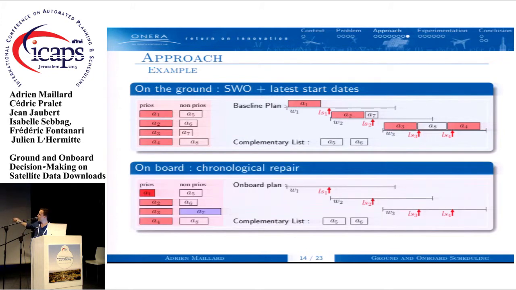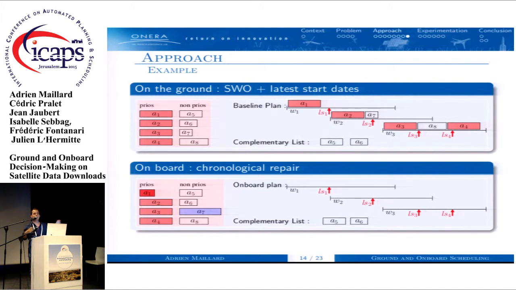So on board, you have only two changes. One high priority observation has a lower duration than maximum, and one low priority has a higher duration than predicted. So how does it work?